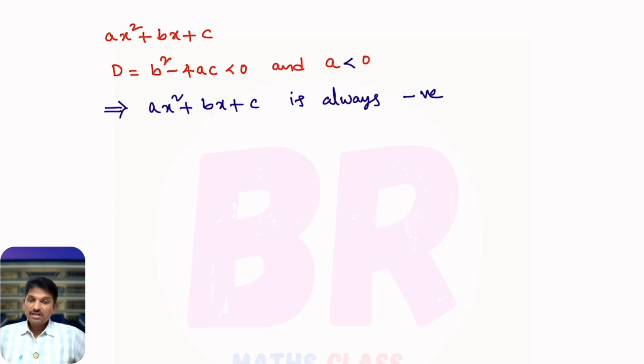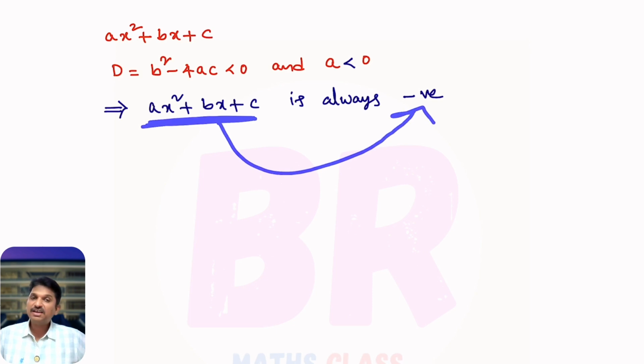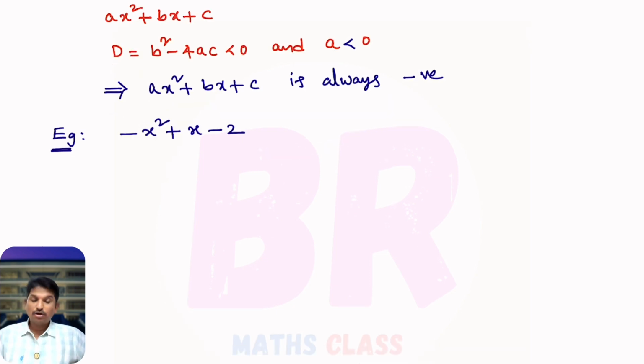Okay. You see the other case, ax square plus bx plus c, its discriminant is less than 0. In this case also, discriminant is less than 0, but if a is negative, that means x square coefficient is negative, then this ax square plus bx plus c is always negative. This also you can check with the help of an example. You observe here, I consider one quadratic expression.